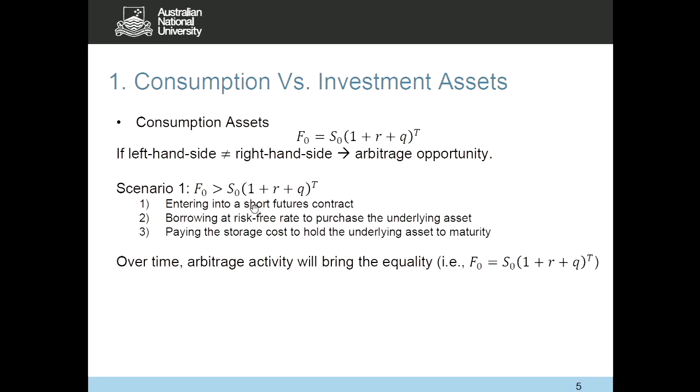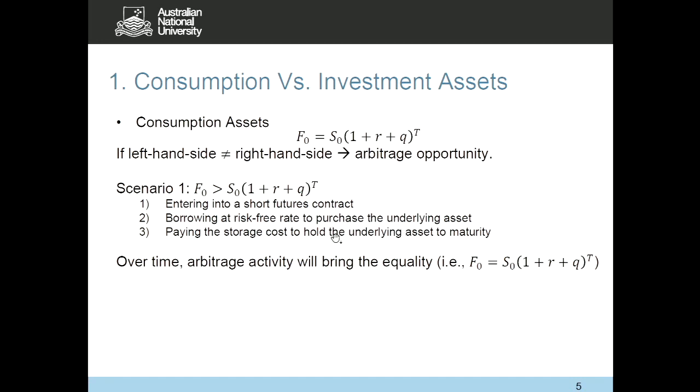So what we're going to do is short. Whenever you see an overpriced security, you want to short sell it. So you're going to short that futures contract. Shorting means you commit yourself to sell that barrel of oil at this overpriced capital F. You commit yourself to sell, then you replicate this outcome by borrowing some money and buying that oil today, and we pay the storage cost.